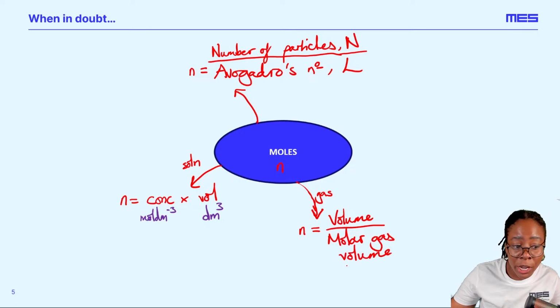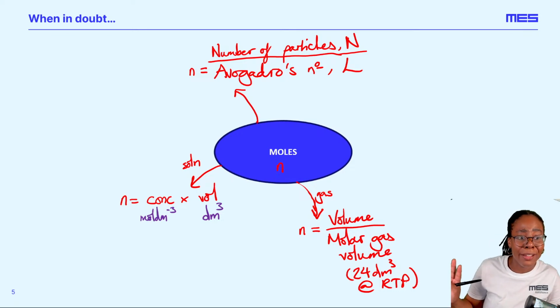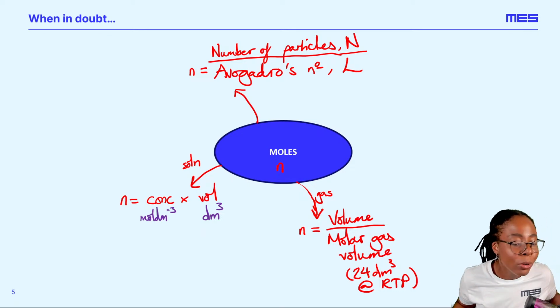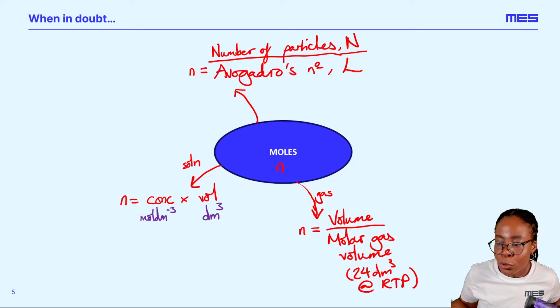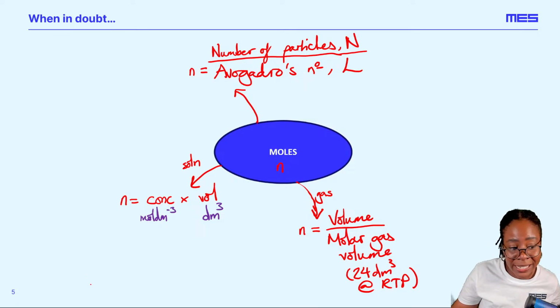At room temperature and pressure, that is 24 decimeters cubed. Again, this is not AQA. If you're seeing this and you're like, I've never seen this before, please don't worry. You typically see this in OCR and Edexcel, but not at AQA.